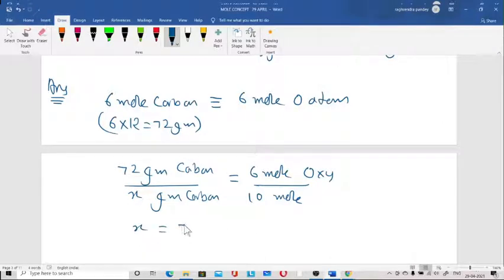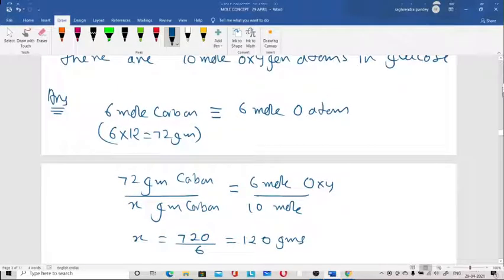So x will be 720 upon 6. 12 6s are 72, so that will be 120 grams. Okay, so this is the condition.